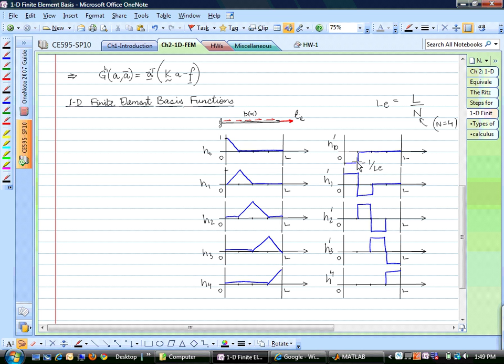How many think we'll get a finite value if we square them and integrate them? Okay, so most of us think that it will be finite value. So that means that it is square integrable. It is a function with first derivatives that are square integrable. So indeed, all of these functions belong to H1 over 0 in the interval 0 to L. Okay, so this was the minimum requirement that we had for our weak form to be defined.